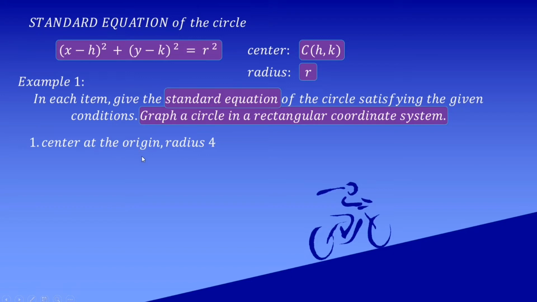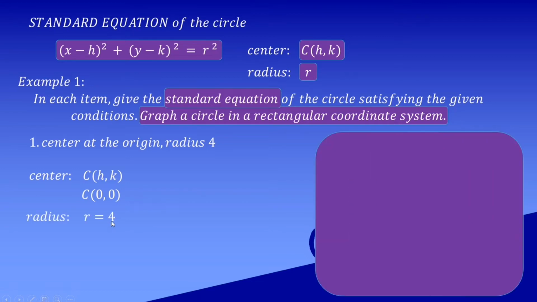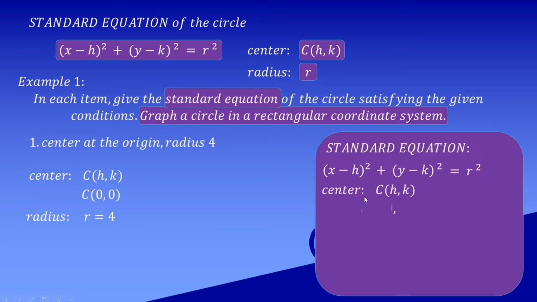Alam natin, yung center at the origin is (0, 0). So yun ang value natin ng h and k. Ang given din natin dito is radius is 4. So we are asking for the standard equation given the center at the origin with radius 4. Yan ang ating standard equation. The center (h, k) given is (0, 0) and the radius is 4.